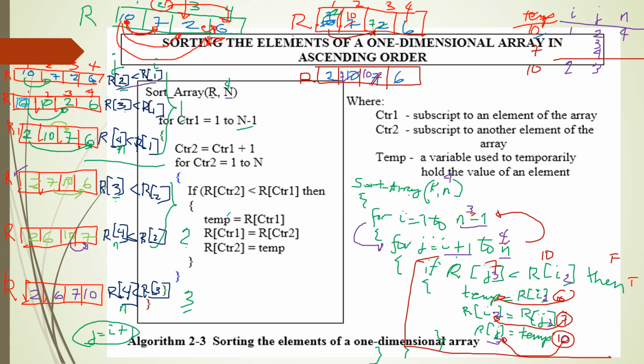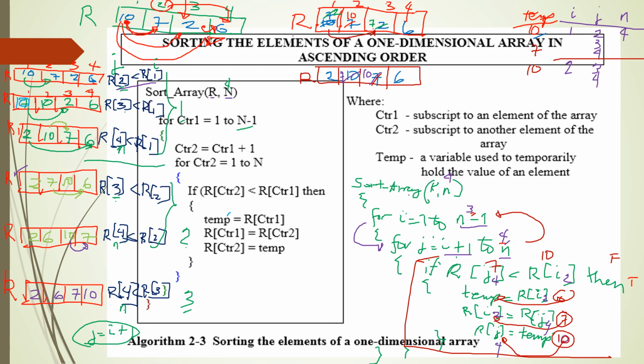Okay? Go back to the loop. Sabi, hanggang ang J ay maging N. So, increment natin. And then, all the J will now be 4. So, J will be 4. Okay?